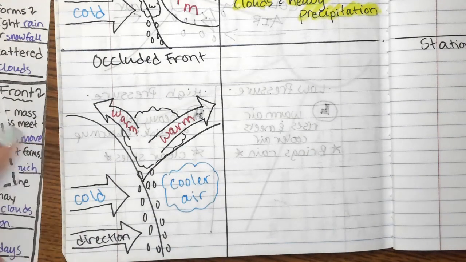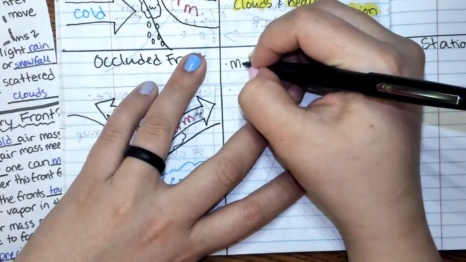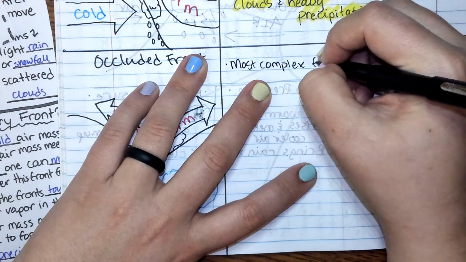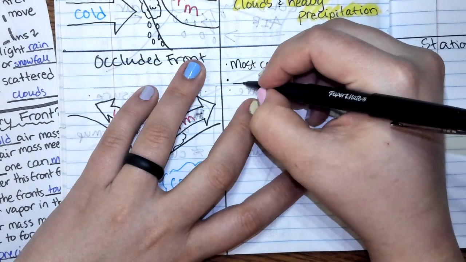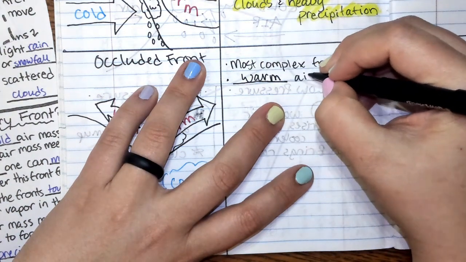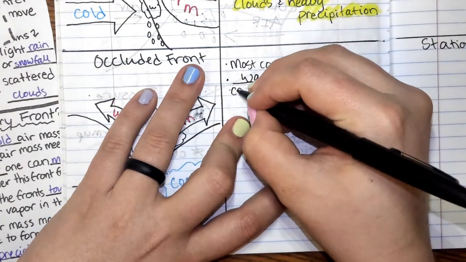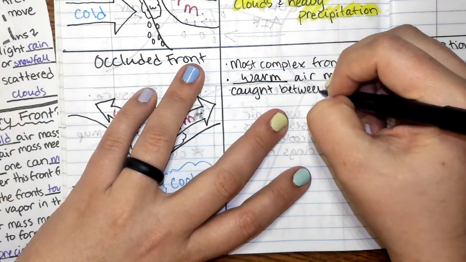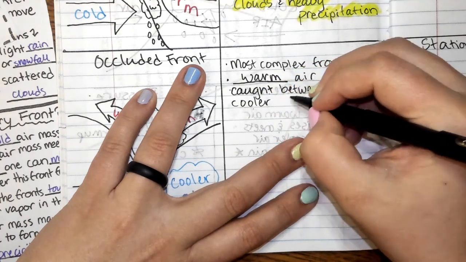My notes for this one, occluded front, is kind of interesting, right? Remember, it's the most complex front. What happens there is that a warm air mass is caught between two cooler air masses.